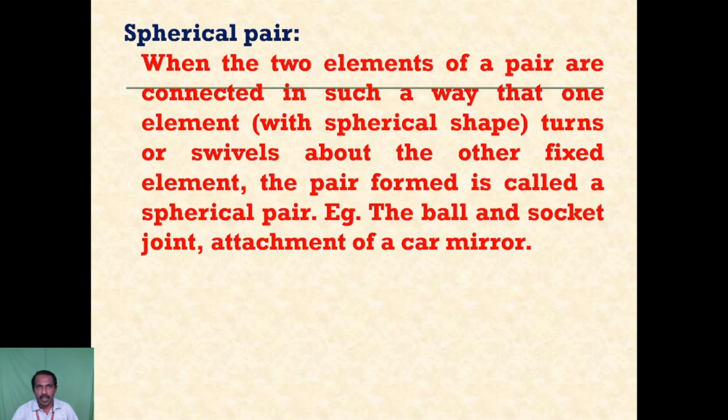When the two elements of a pair are connected in such a way that one element turns about another fixed element, it is called a spherical pair. For example, a ball and socket joint, and the attachment of a car mirror is a good example of a spherical pair.